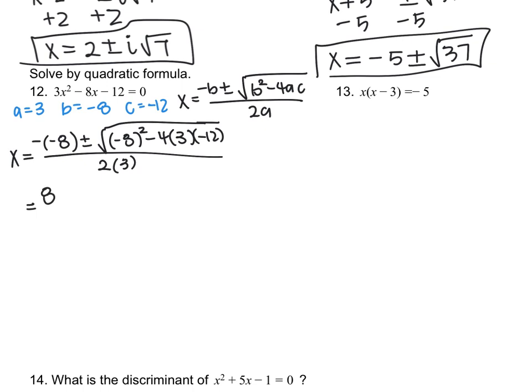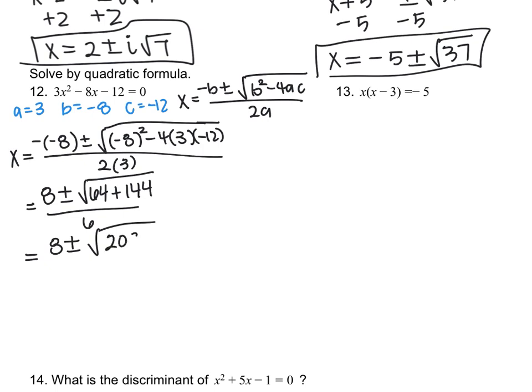Negative 8 is going to turn into a positive 8, plus or minus. When we square negative 8, we get positive 64. And then negative 4 times 3 times negative 12 is positive 144, all over 6, which then becomes 8 plus or minus, and then 64 plus 144 is 208.